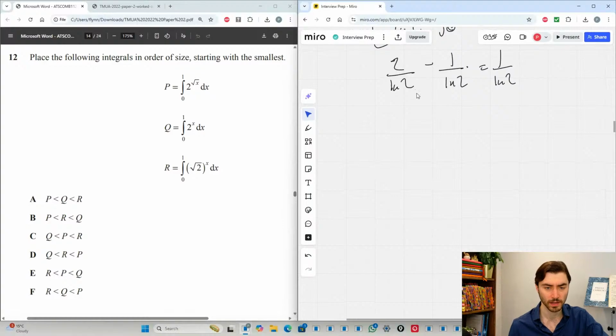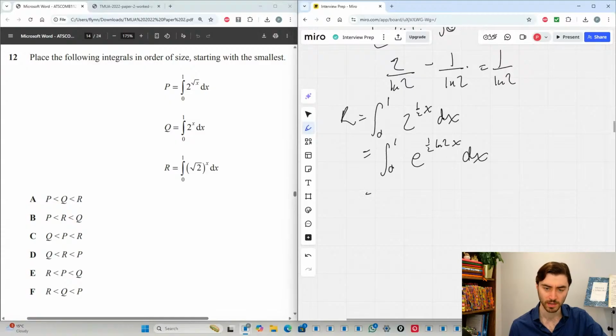Okay, then this next one, R, is integral 0 to 1 of 2 to the half x, which is the integral from 0 to 1 of e to the half ln 2x dx, which again is very simple to integrate.